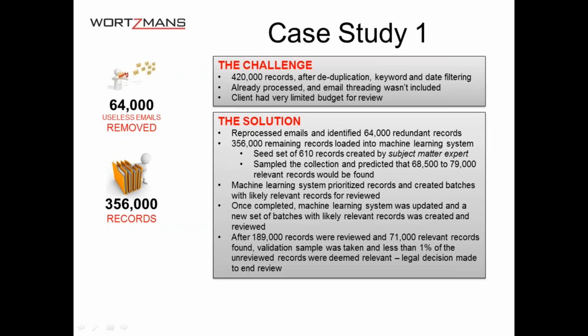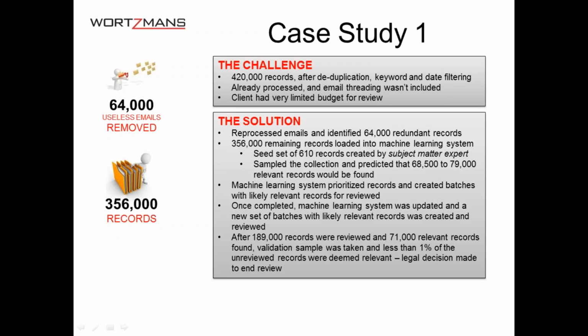So after the seed set was collected as a separate exercise, we had the review team sample random records from the collection to determine which ones were relevant and which ones weren't. So what Chuck said is right. We start with the review right away. We train the review team, and they can start looking at the random sample of records.